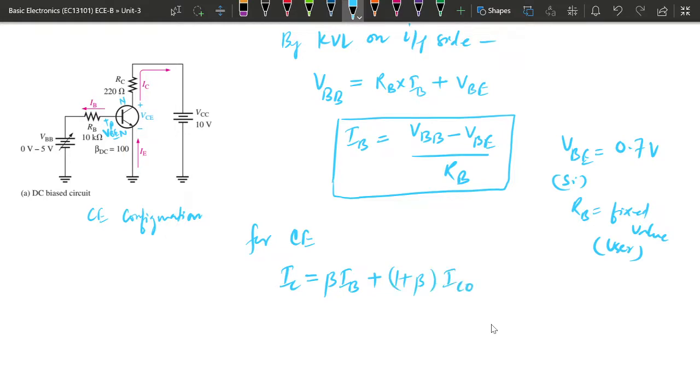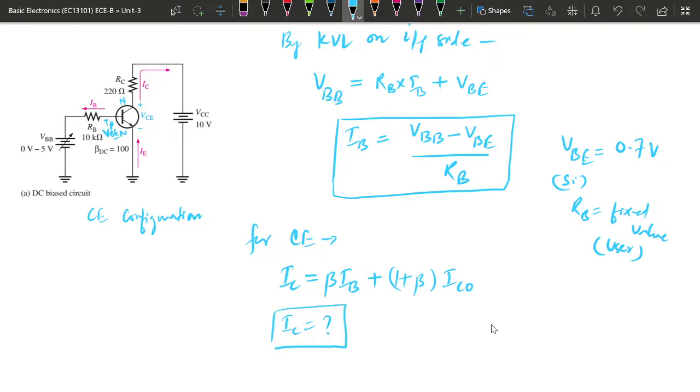So this is for the common emitter configuration. Okay, so once we have decided this IB, by putting the IB value here we can get the value of IC.